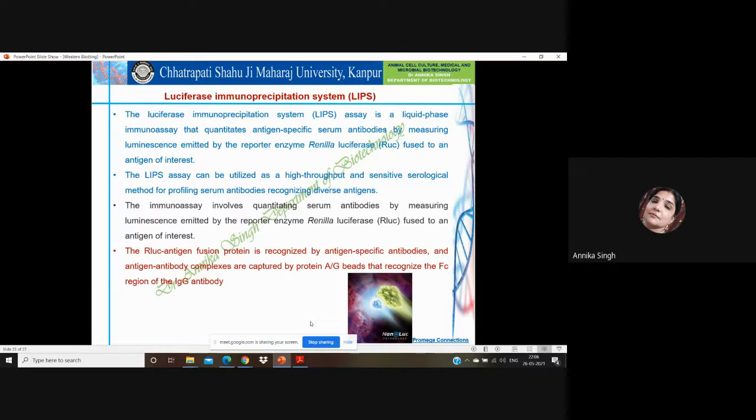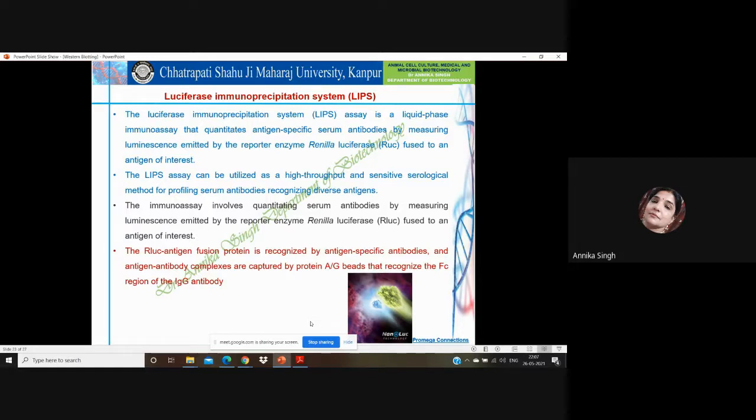It is a specific protein which has the binding site for the Fc region of IgG, and they capture the antigen-antibody complex by binding with the Fc region of the immunoglobulin G antibody.